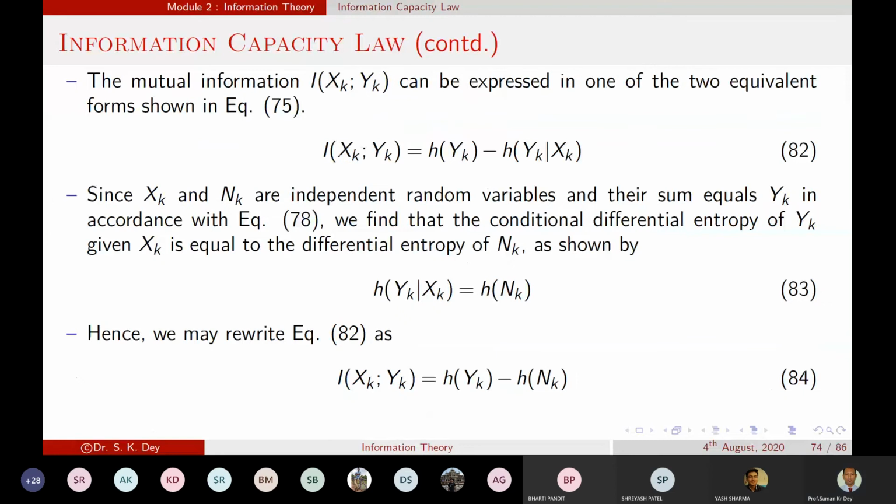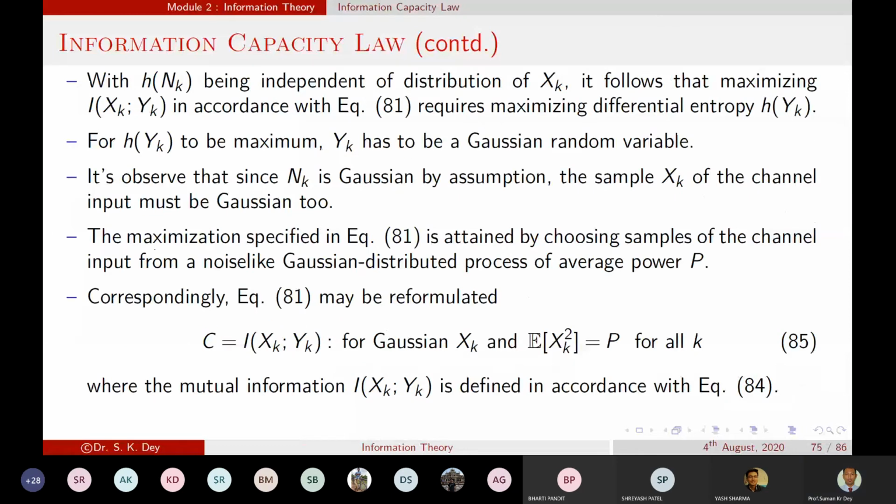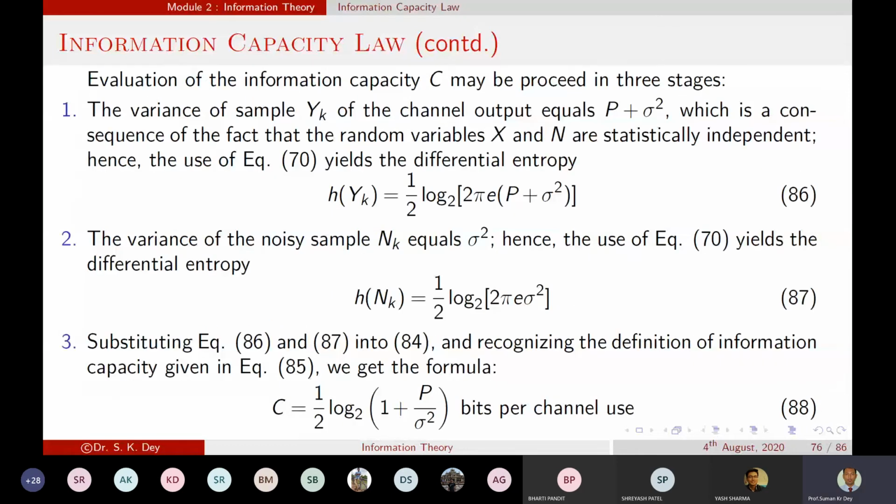Now it's clear. In this equation, we can consider this value almost fixed. We cannot change it. It can only change when the variance of the channel changes. So if there is this variance sigma square, it may change, and if the variance of the channel changes, then Nk will change.